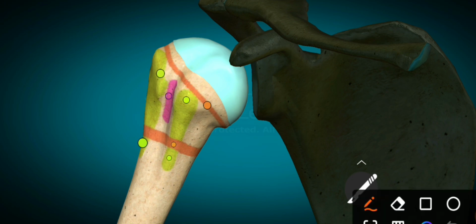This constricted area provides attachment for the capsule of the glenohumeral joint. The capsule of the glenohumeral joint is attached here. So this anatomical neck separates the head from the tubercles of the humerus.